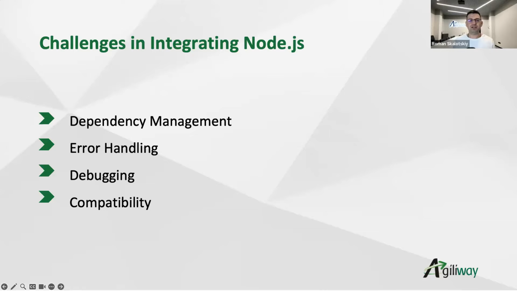Next one is debugging. Debugging asynchronous code in Node.js can be more challenging than in the traditional, I mean synchronous, environment. Developers must be proficient in using debugging tools like the built-in Node.js debugger. Also, you can use another debugger such as Visual Studio Code's debugging feature, and so on.